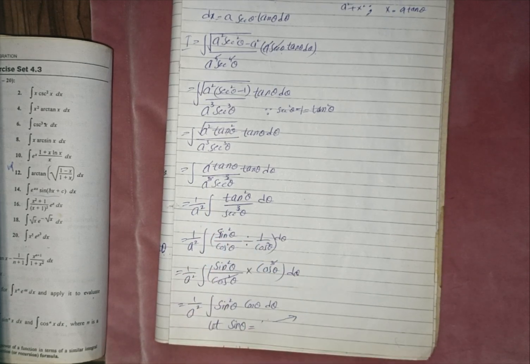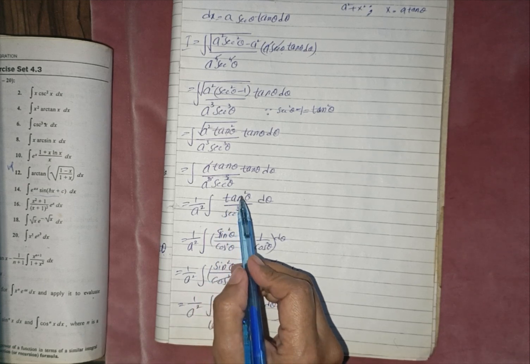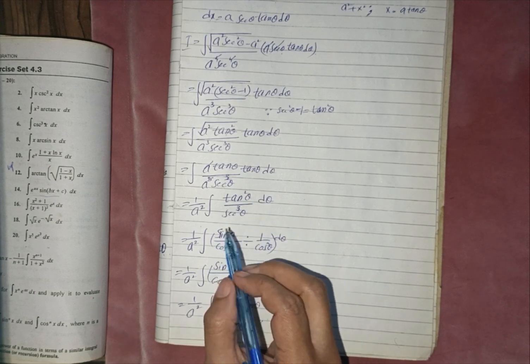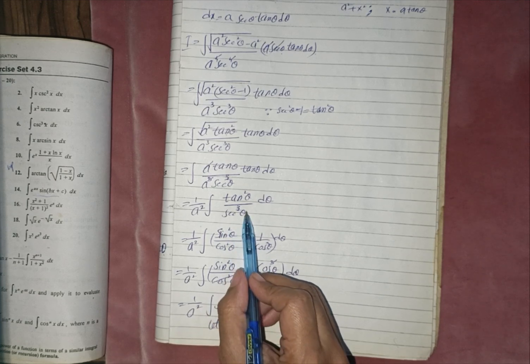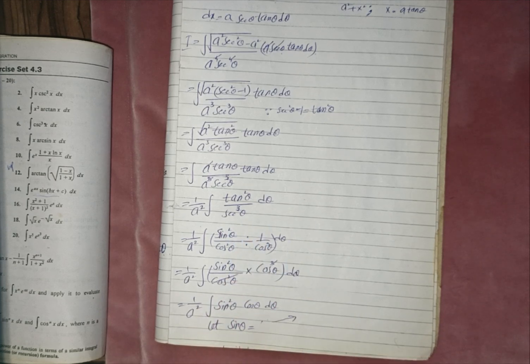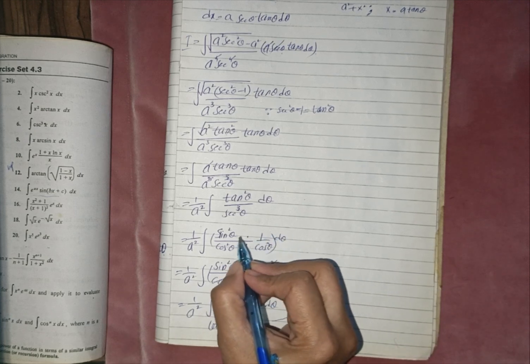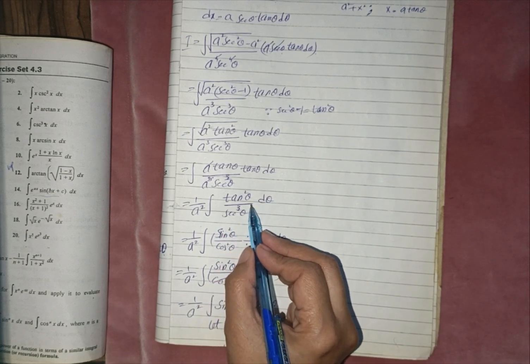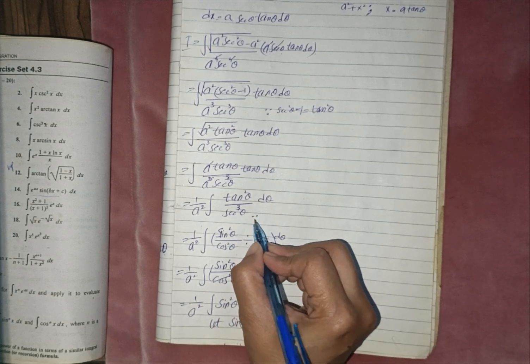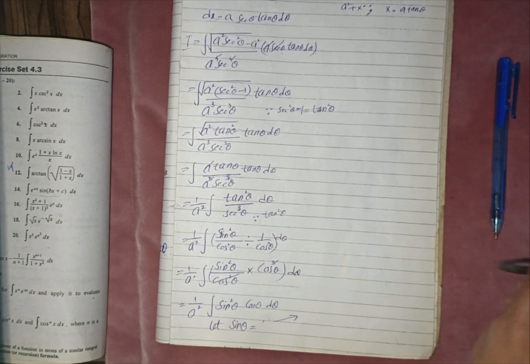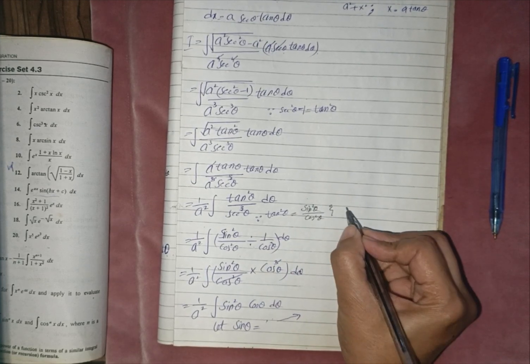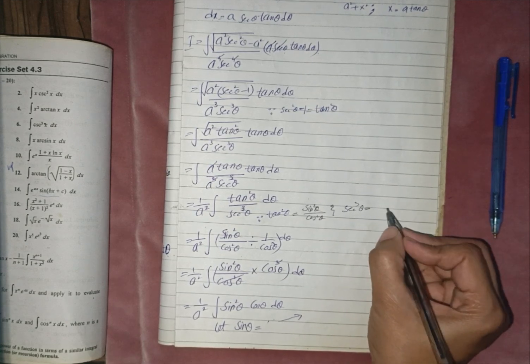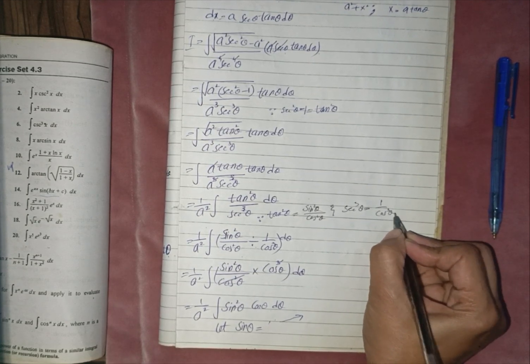As 1 upon a square is a constant, we will write it outside the integral and have tan square theta over secant cube theta. Now we use more simplified trigonometric identities for tan square theta and secant cube theta. We know that tan square theta is equal to sine square theta upon cos square theta, and secant cube theta is equal to 1 upon cos cube theta.